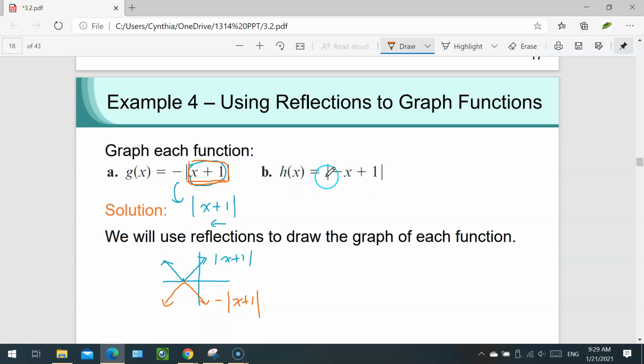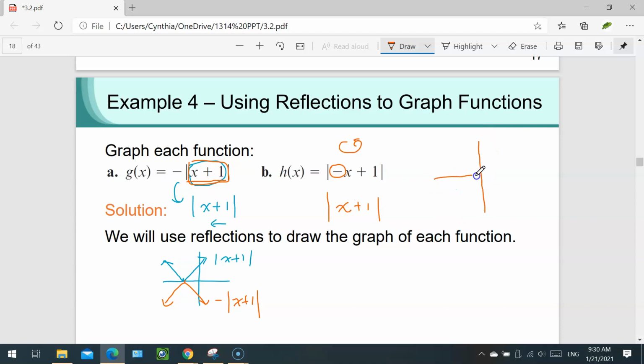We try this one. h of x is the absolute value of negative x plus 1. So this negative sign indicates we have to reflect the graph about the y-axis. So this function is a reflection of your x plus 1. I'm going to sketch the graph of the absolute value of x plus 1 and do the reflection about the y-axis.